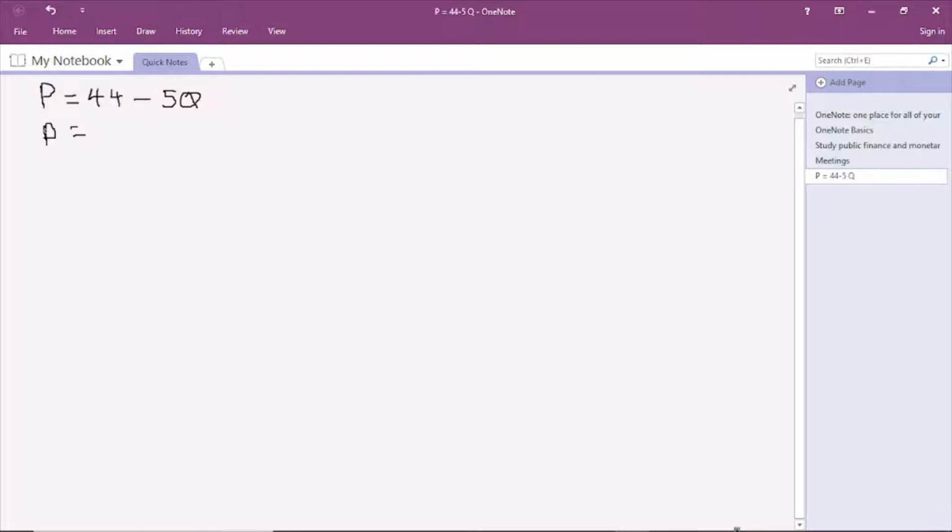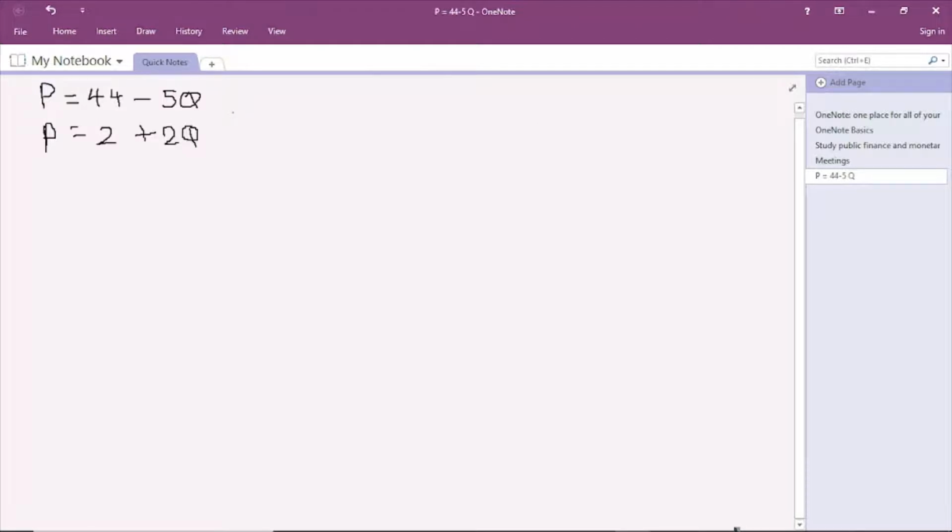So just know that even when they put S here or D here, it's just price, which is supposed to be here, P. So you have P is equal to 2 plus to Q.